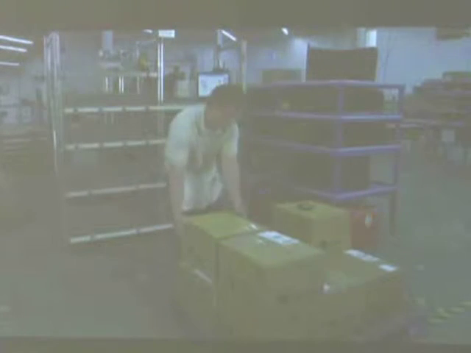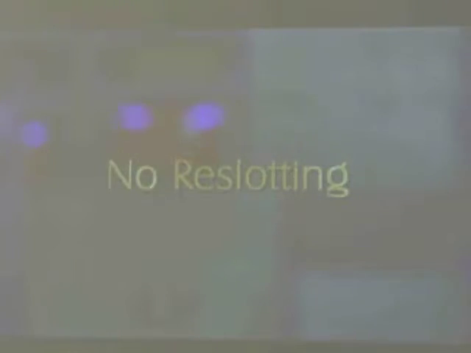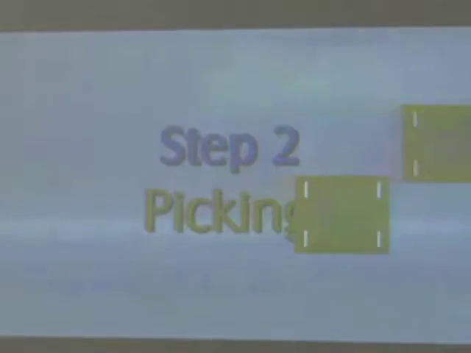By eliminating operator travel, Kiva increases productivity. In addition, since the system dynamically calculates the optimal location for replenishing the product, Kiva eliminates the need to analyze and reslot inventory. Once the inventory is in the system, workers can pick items to fill customer orders.